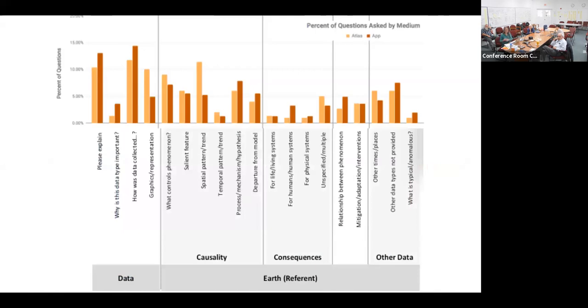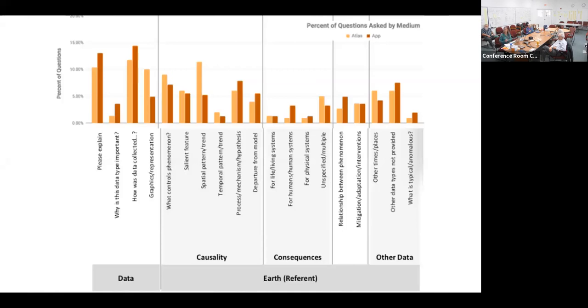We have the whole data set for all these other things as well, but I've just picked out a few things to show you. The paper atlas is in the lighter shade, and the iPad app is in the darker shade. And there's really no taxonomic category for which you get lots more questions in the interactive version than you do in the static version.